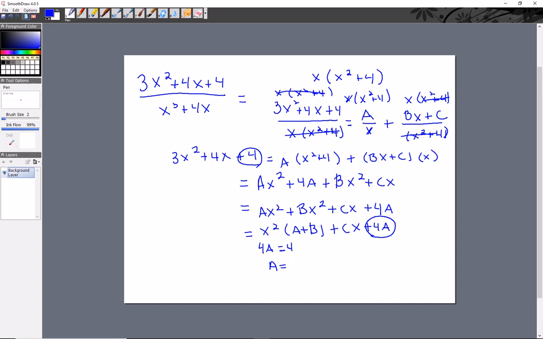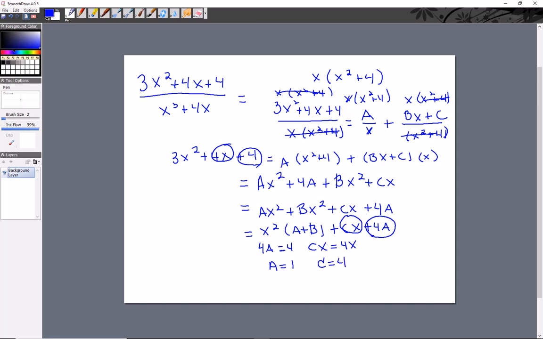Good start. So what do you suppose C equals? Let's relate that, since it's the linear term, to this linear term. So Cx equals 4x, or if you divide out the x, C equals 4.